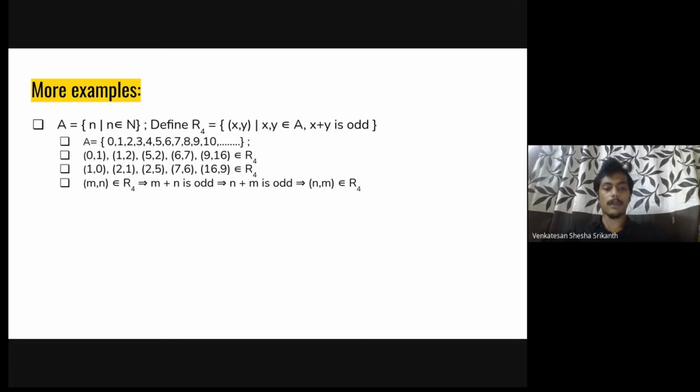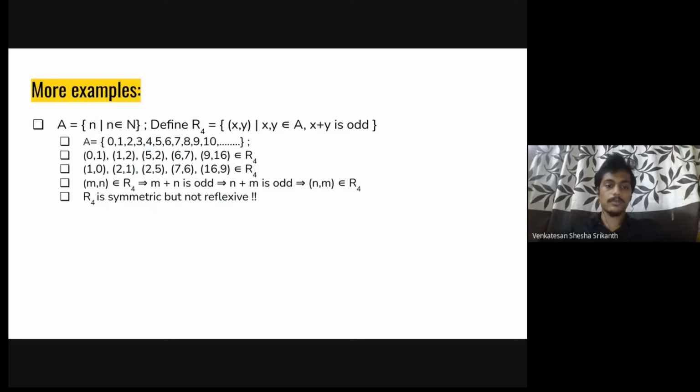Therefore, for every (m, n) in my R4, there is a symmetric element (n, m) in R4, making this relation R4 a symmetric relation. So what we conclude is R4 is symmetric but not reflexive. That is what we saw in the examples on the reflexive topic. It is not reflexive, but it is symmetric.